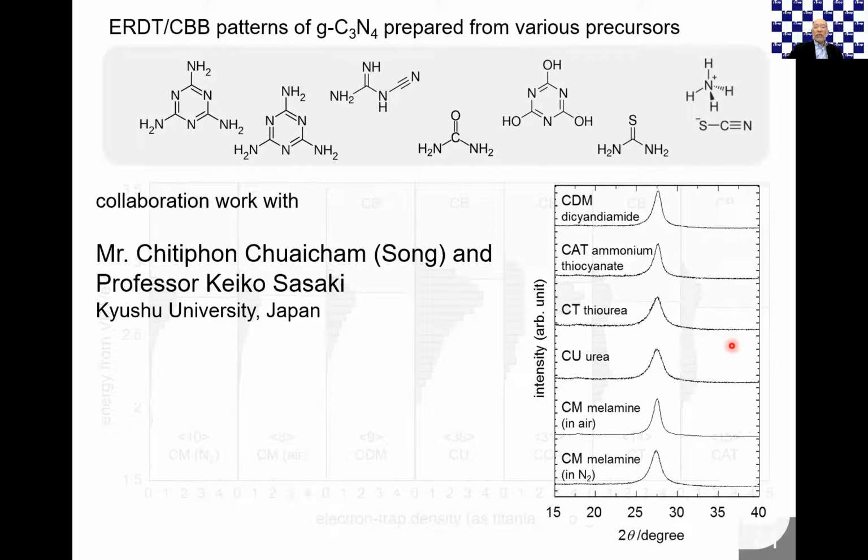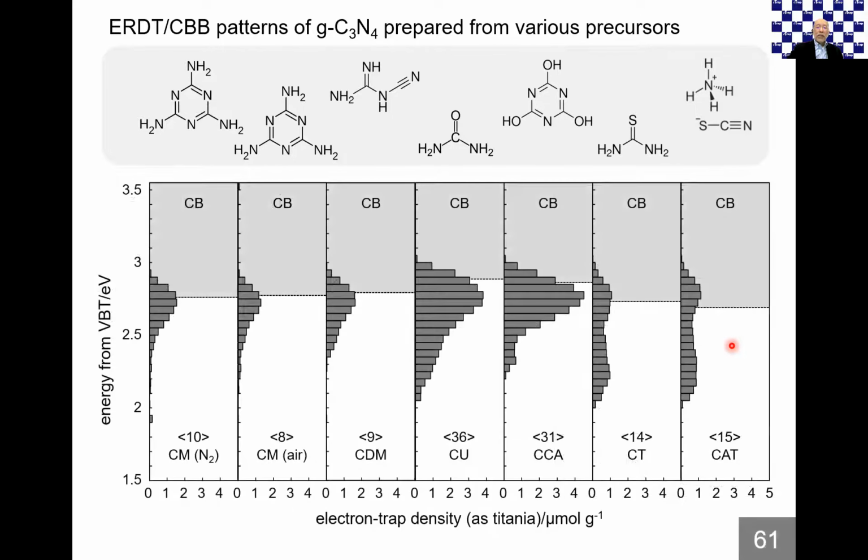Probably those heteroatoms, oxygen, nitrogen, or sulfur, may be located on the surface. So the XRD doesn't give any information. However, by using this technique, the C3N4 prepared from different precursors gives a completely different ERDT-CBB pattern.